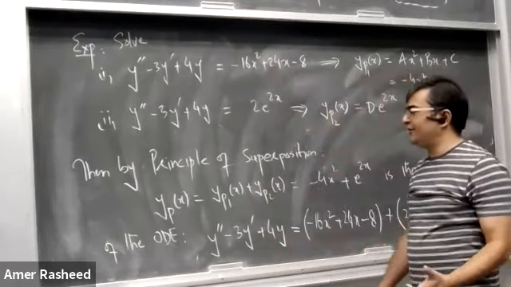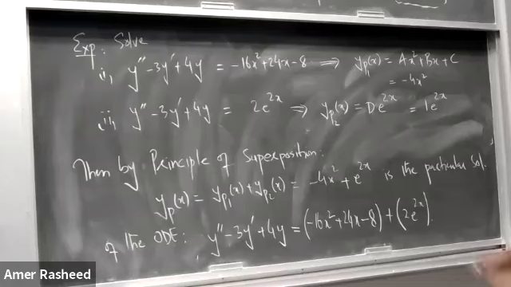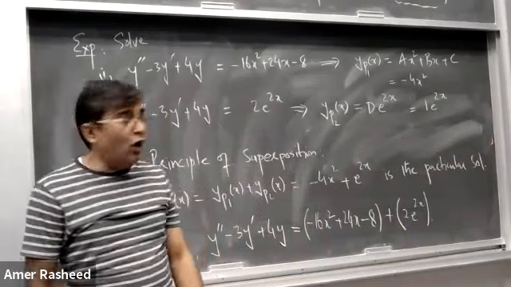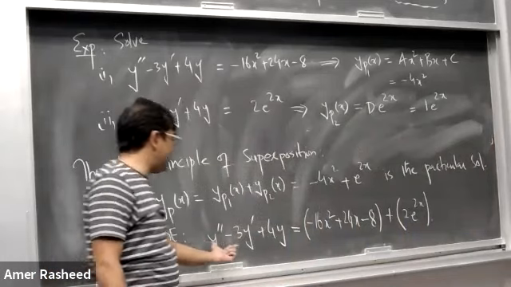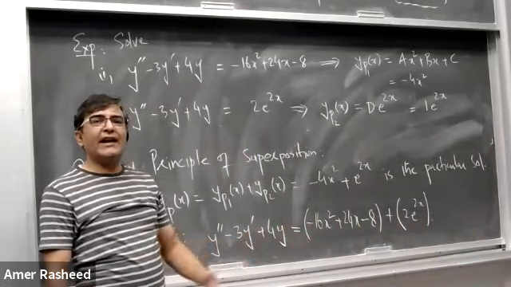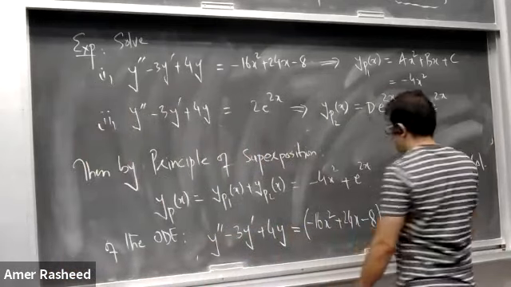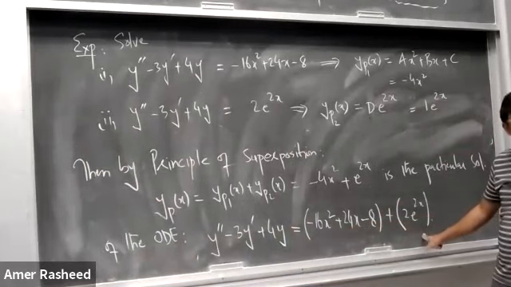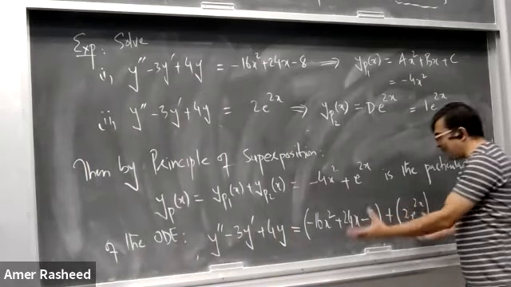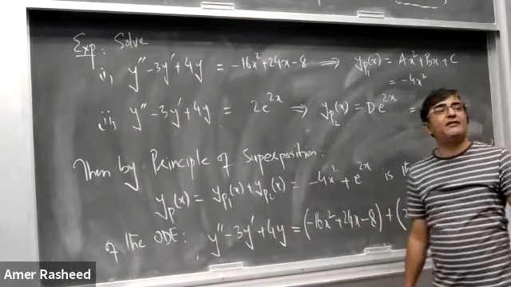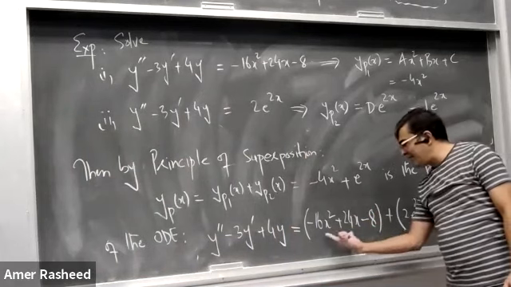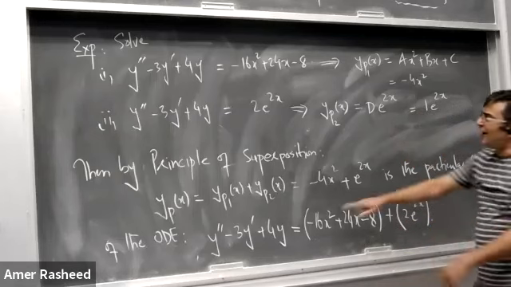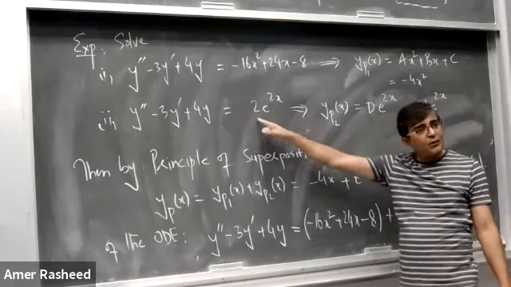And why this is important, this basically helps us to solve this equation. For example, if we are given this kind of differential equation where the nature of the right hand side function is different, meaning we have a polynomial function plus an exponential function, then we can split up this differential equation into two differential equations. One has a right hand side containing only a polynomial function, and the other contains the exponential function.